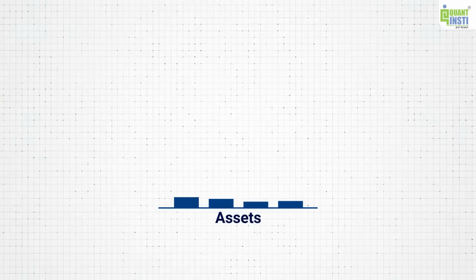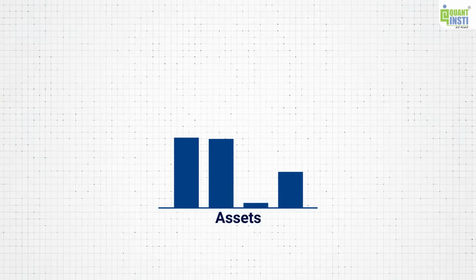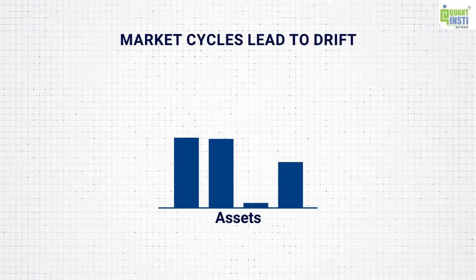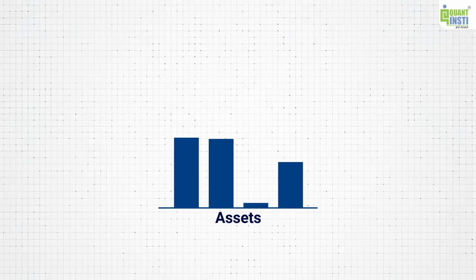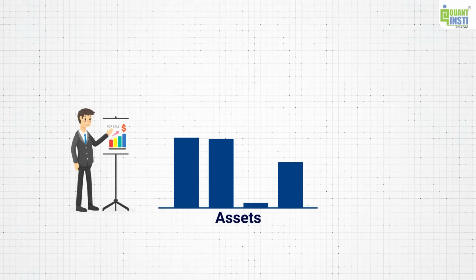What happens then? In the next few years, over these market cycles, over these different phases of the market, some of these assets grow a lot. Some remain stagnant, some may even fall. So in a nutshell, they drift away from their original proportions. Now quantitative portfolio managers, who are very precise about maintaining these proportions, come to a point where they want to rebalance their portfolio.